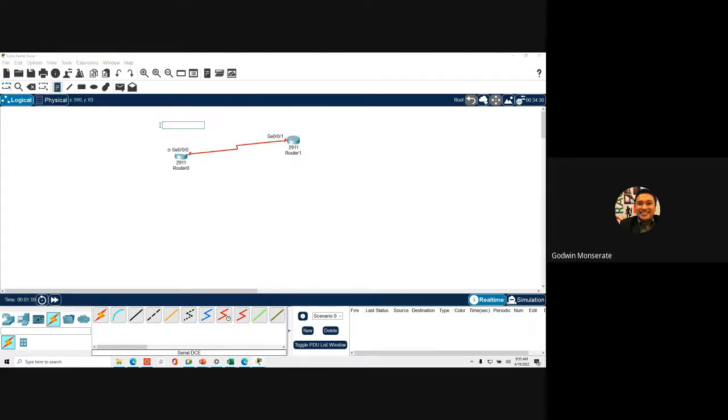Example, this is Davao. This is Cebu. And Cebu is our main, for example. Okay, Davao here. So in the Davao network, there is one network and 2 hosts. Just an example.